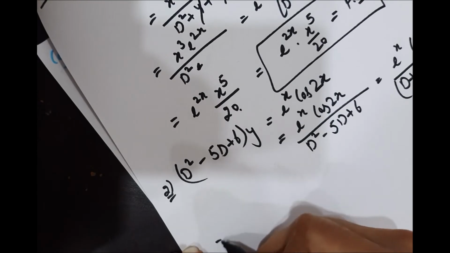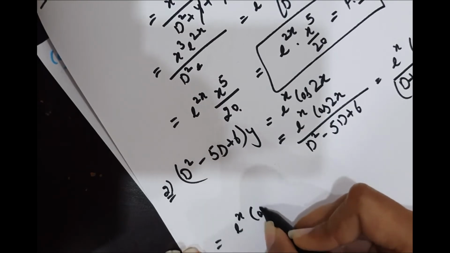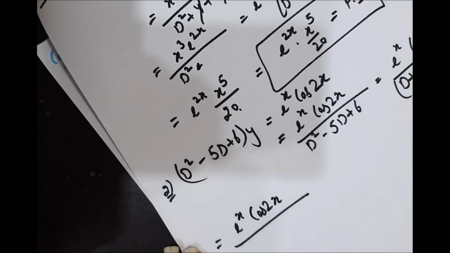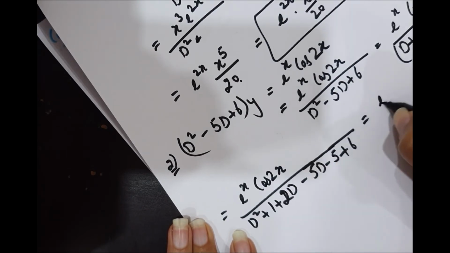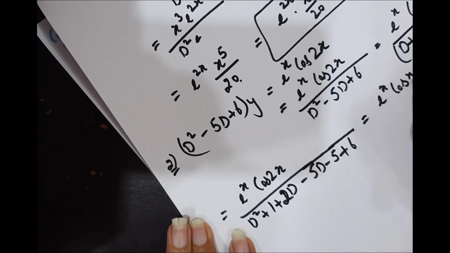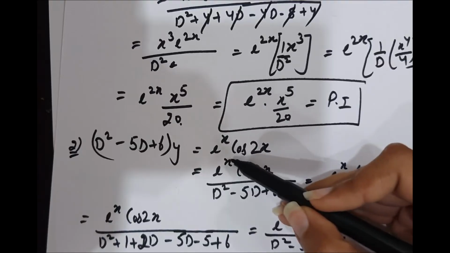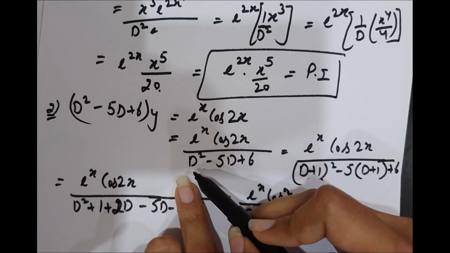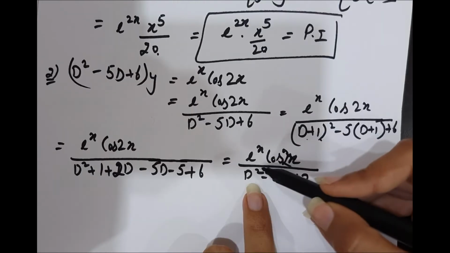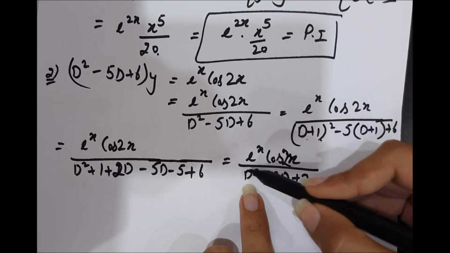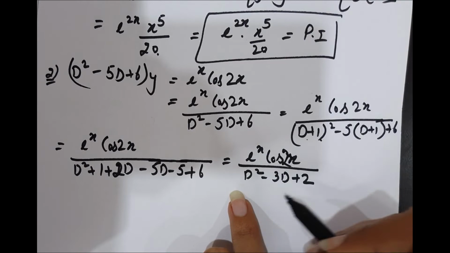Now solve it. Now when this exponential is with any variable or with a sine or cos function, do D plus a in place of D. Now we are done with this exponential part. We have done D plus a and then solved it.